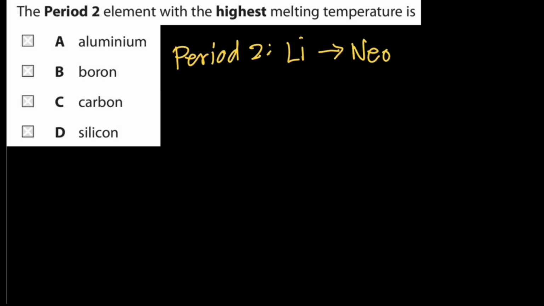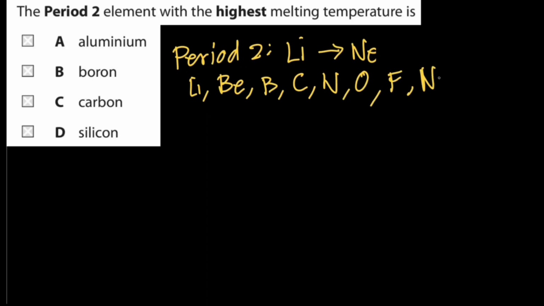Lithium has atomic number 3 and neon has atomic number 10. So the elements in period 2 are lithium, beryllium, boron, carbon, nitrogen, oxygen, fluorine, and neon.